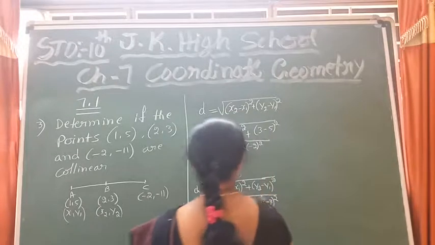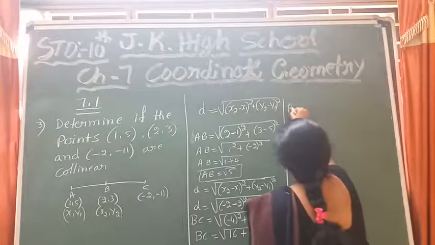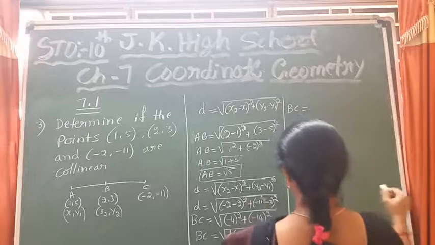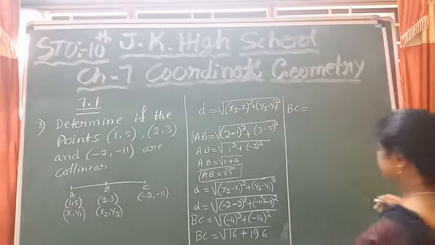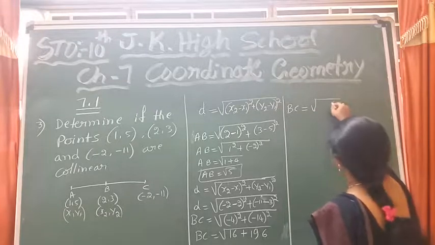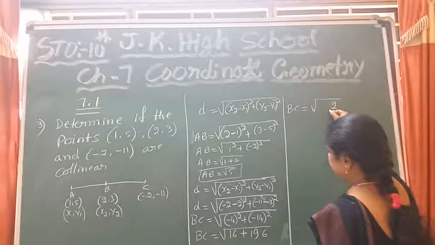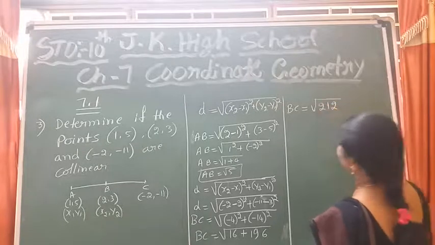Then you add both. You are going to get BC is equal to the square root of 16 plus 196, which is 212.